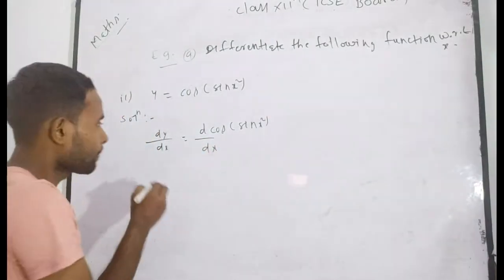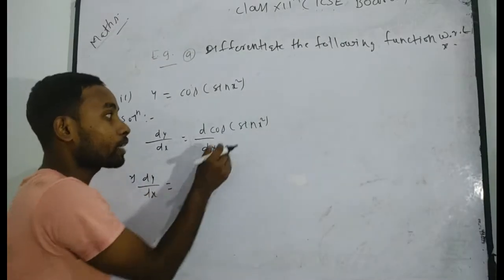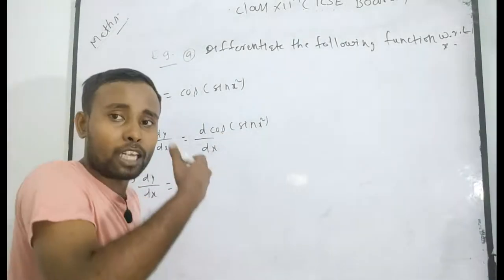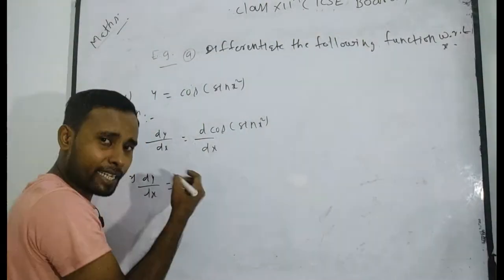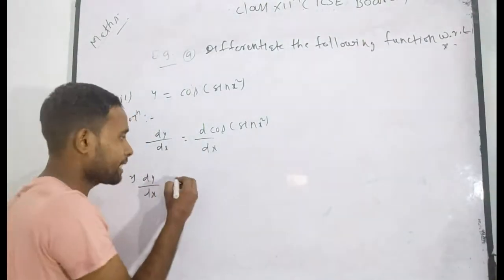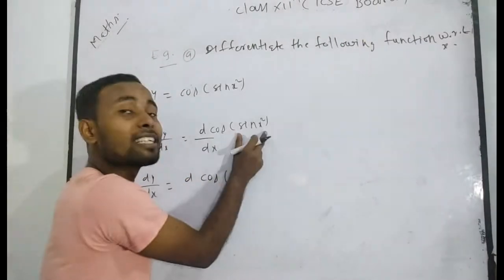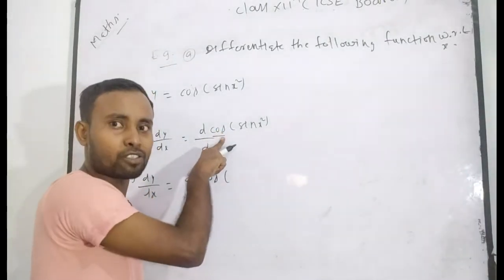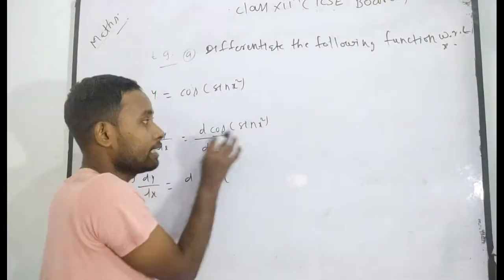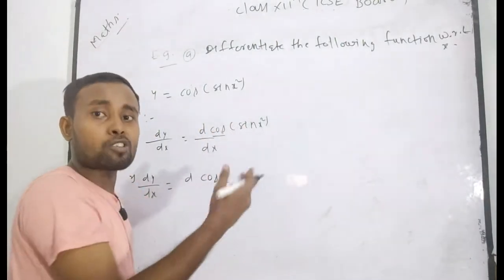I think you understand. That implies dy/dx, and you know that this function cannot be differentiated directly with respect to x. So first of all, we need to take the derivative of cos. Suppose that this is theta. In that case, because this is cos, first of all you have to differentiate the outer function, which will be cos, and the inner function, except the cos portion, is supposed as theta.